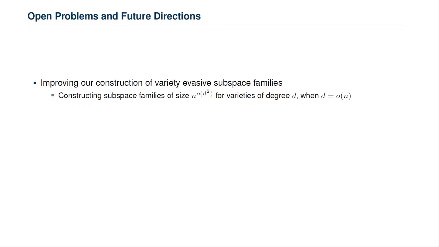But the optimal bound should be n to the O of d only. So one question is if one could close this gap. And also, if we only consider varieties of constant dimension, then actually the optimal bound is only polynomial size. But I do not know any sub-exponential size construction for that, sub-exponential in the minimum of d and n.